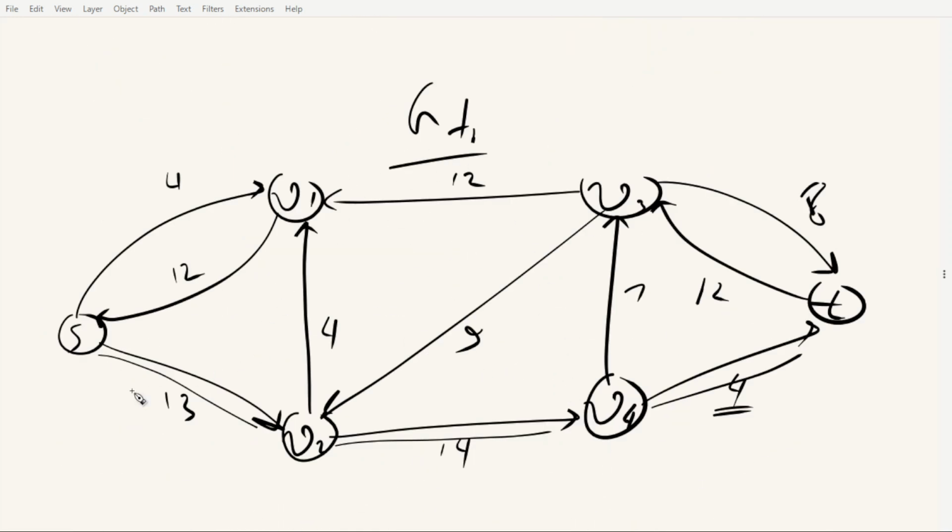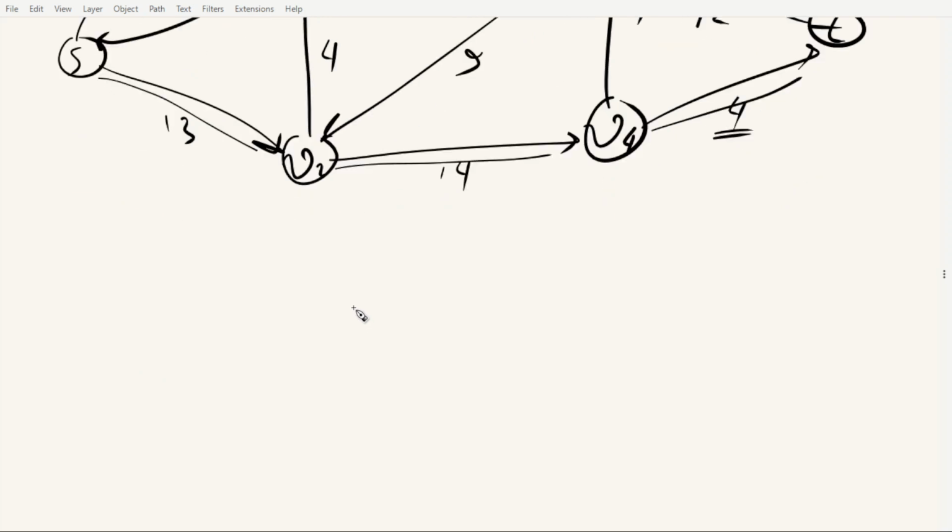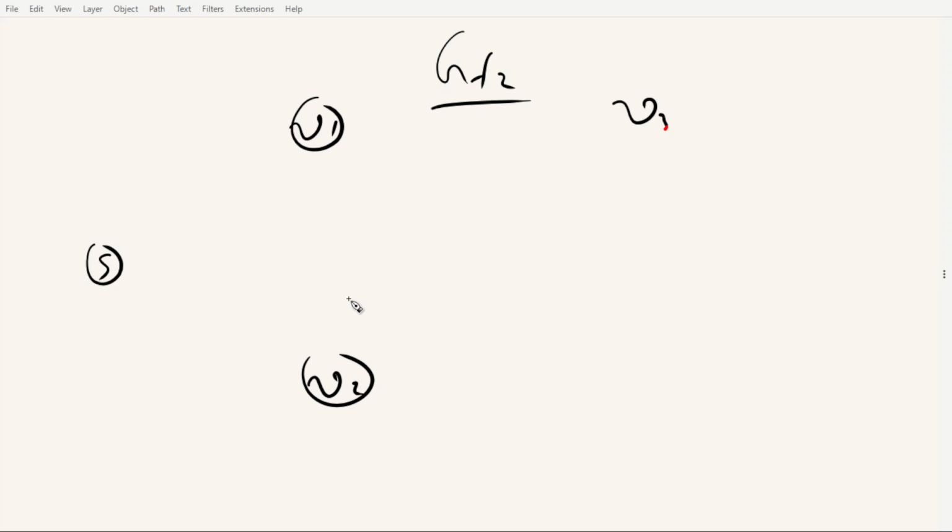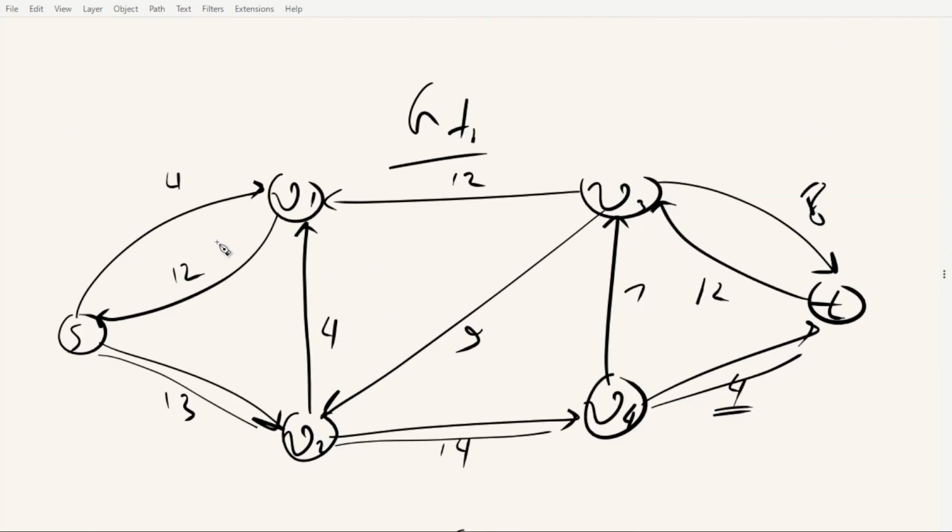So we make GF2 once again with the same set of vertices, S, V1, V2, V3, V4 and T. This set of weights and edges are the same.